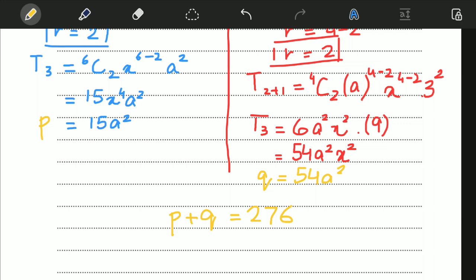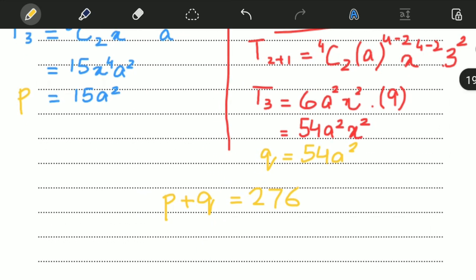Okay, so let's add them. 15a square plus 54a square is equal to 276.